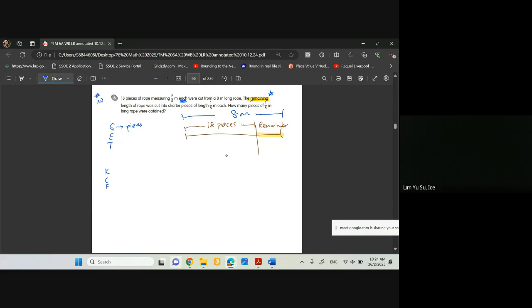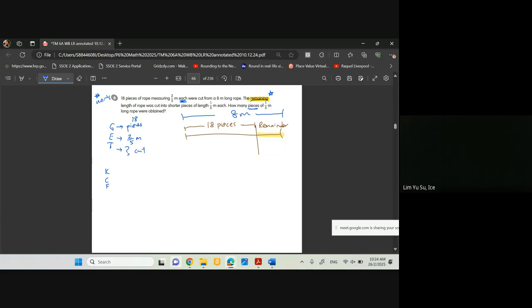But then the question asks about pieces, so the story becomes very complicated. First, you have 18 pieces cut from an 8-meter rope. One piece is 2/5 meters each. The total rope cut is to be found.